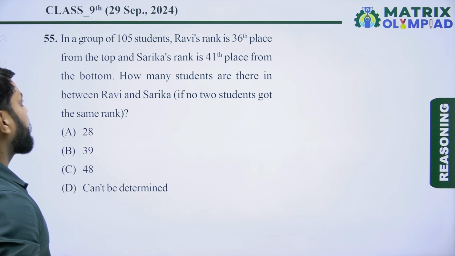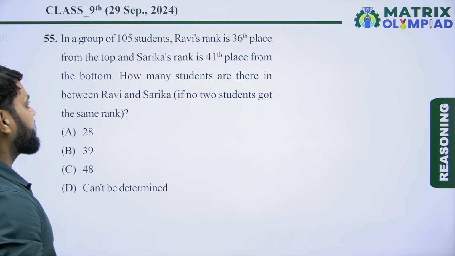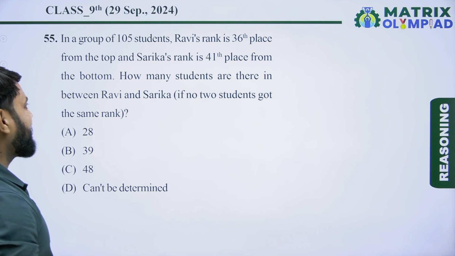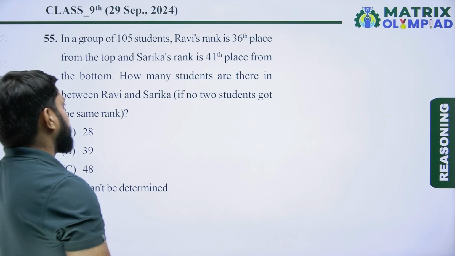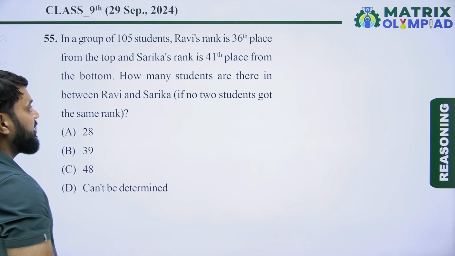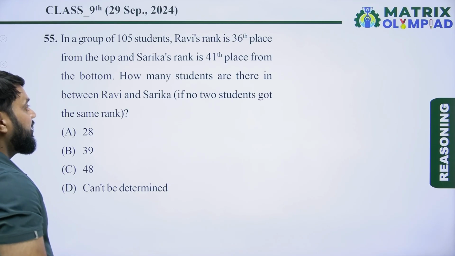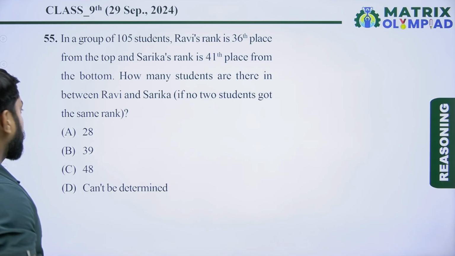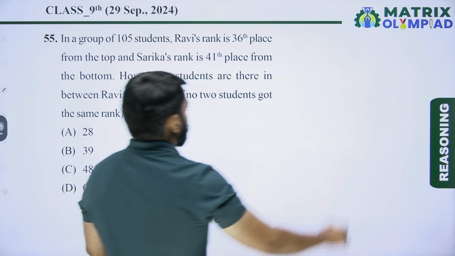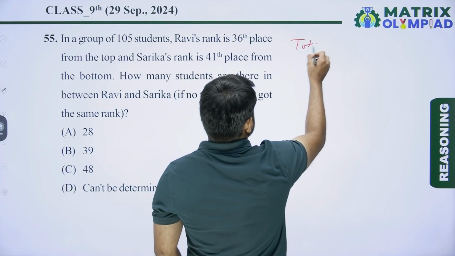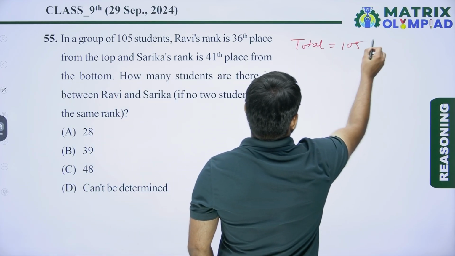In a group of 105 students, Ravi's rank is 36th place from the top and Sarika's rank is 41st place from the bottom. How many students are there in between Ravi and Sarika, if no students got the same rank? So the total number of students is 105.